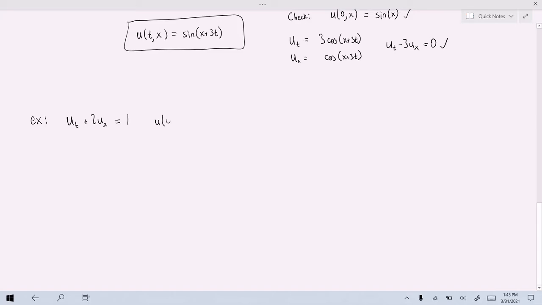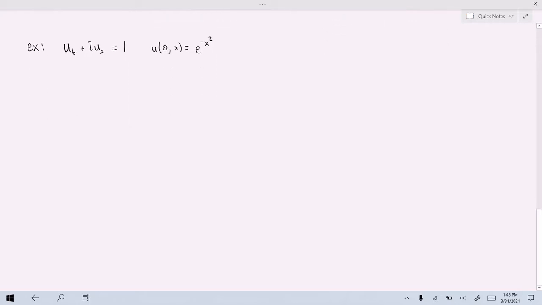When time t is 0, u will be equal to the function e to the negative x squared. All right, so for this PDE, p would be the constant function 2, f would be the constant function 1.